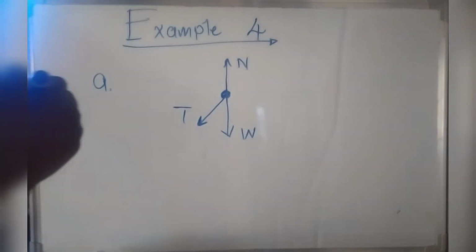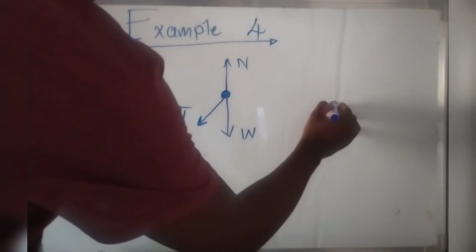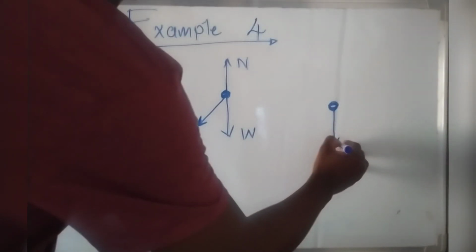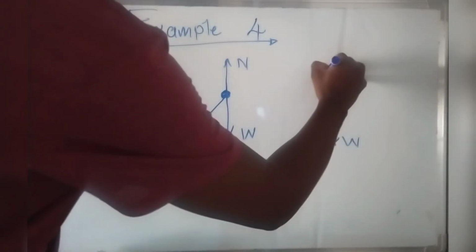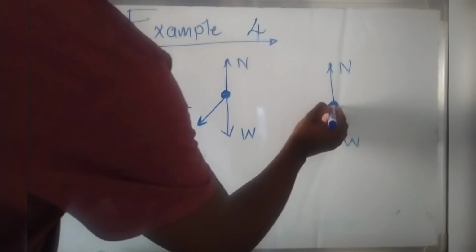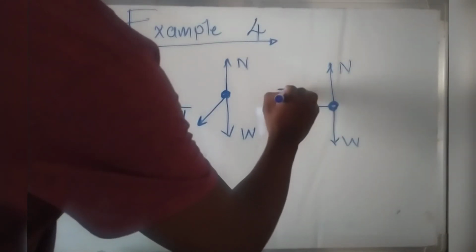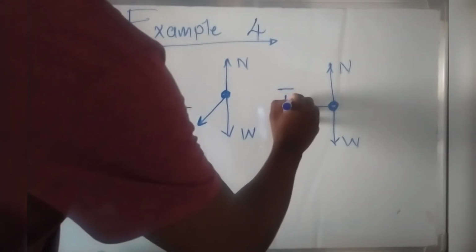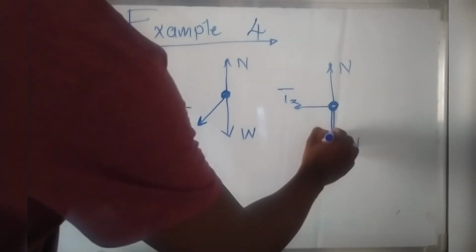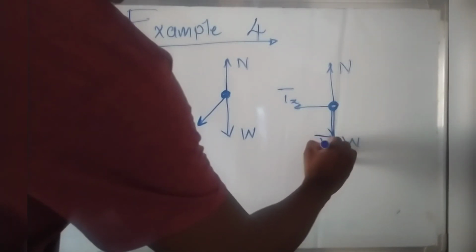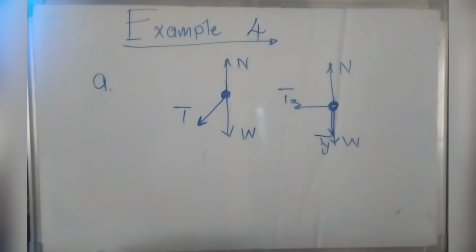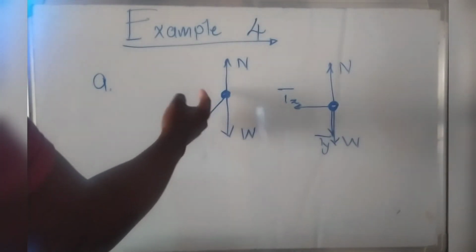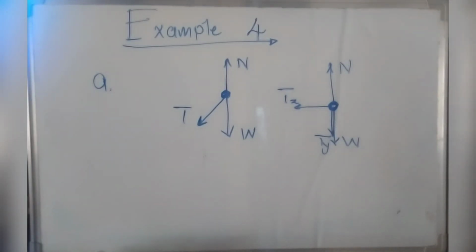But the other possible way you could write it is like this. So this is the weight, the normal force, and then you say it's T in the x direction and T in the y direction. I hope this doesn't raise any questions. We've just resolved this into its components.